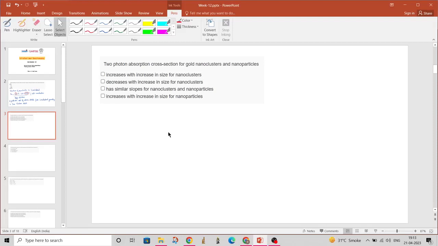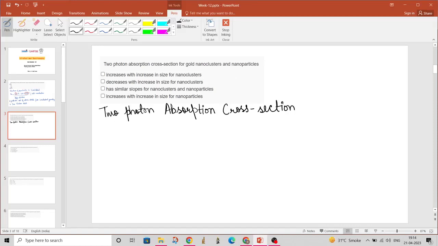So let's see the two-photon absorption cross-section for nanoclusters and nanoparticles.